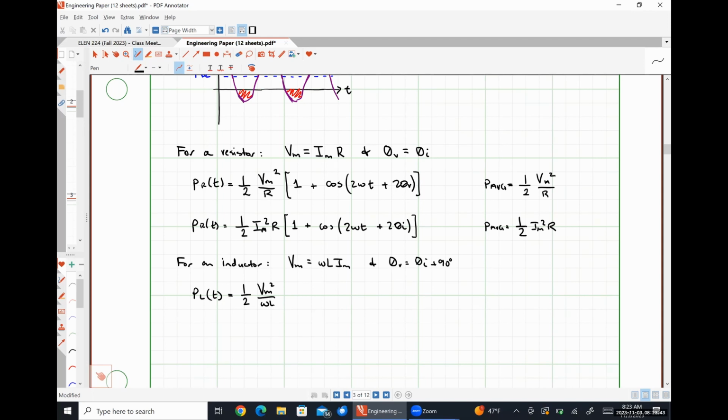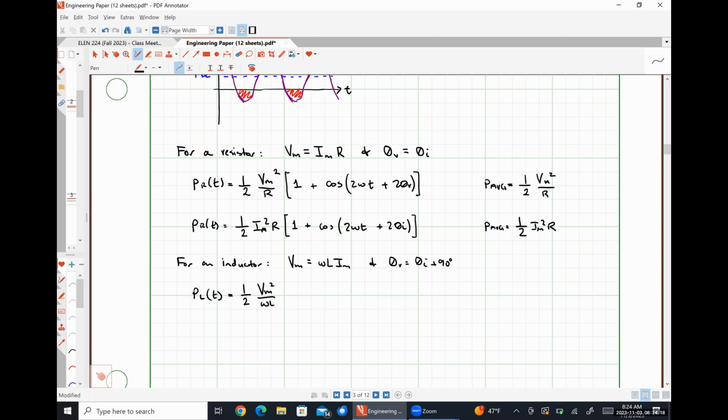So theta V is equal to theta I plus 90 degrees. So theta V minus theta I is theta I plus 90 minus theta I, which is just 90 degrees. What's the cosine of 90 degrees? 0. What does that imply here then? Exactly right. An inductor does not absorb average power.